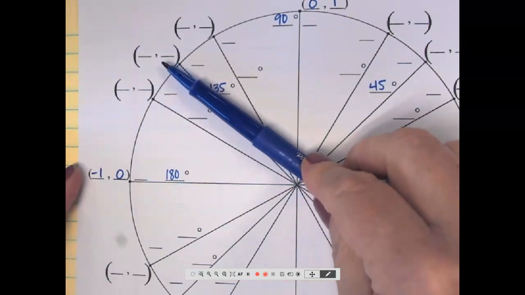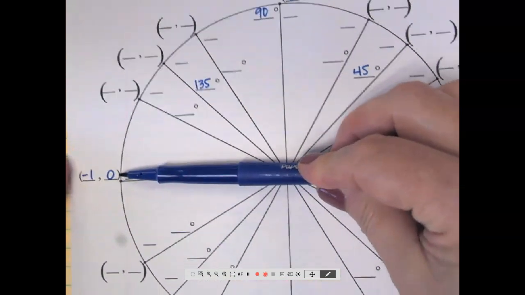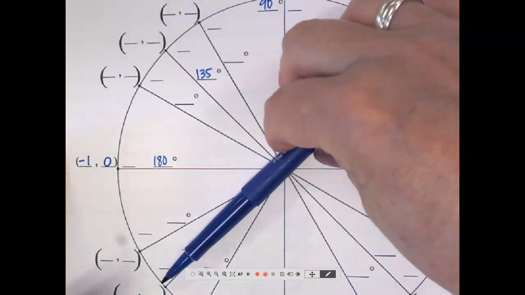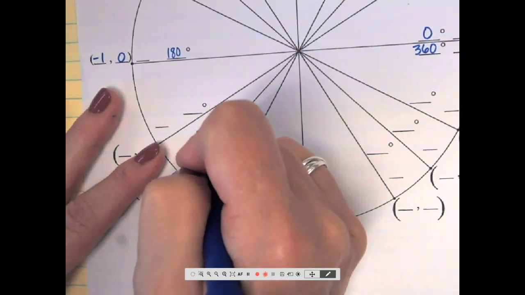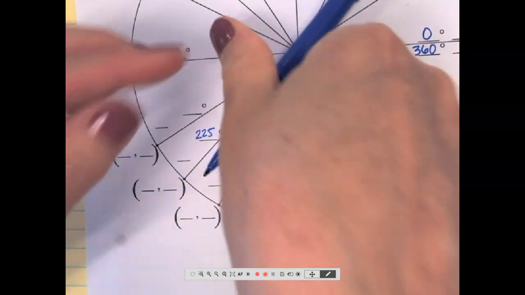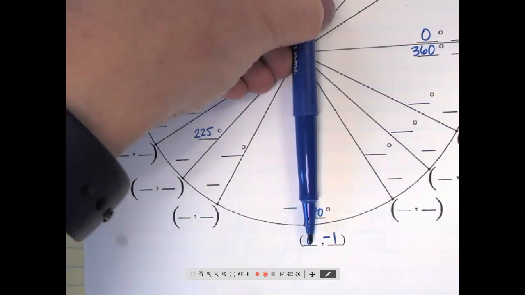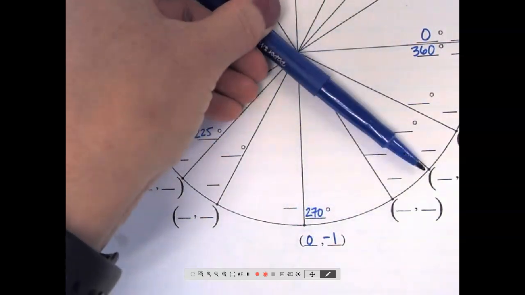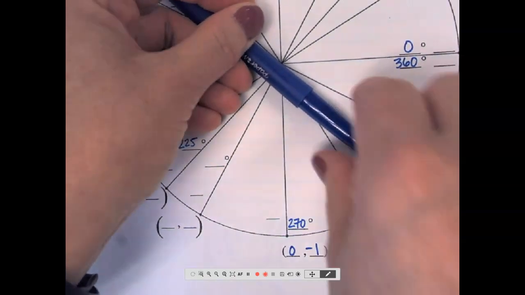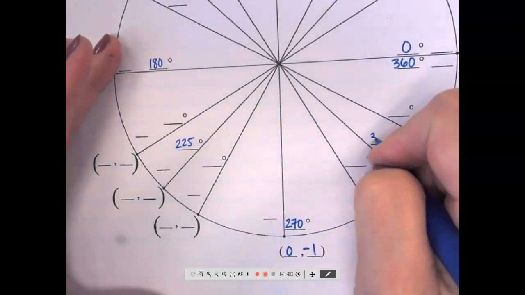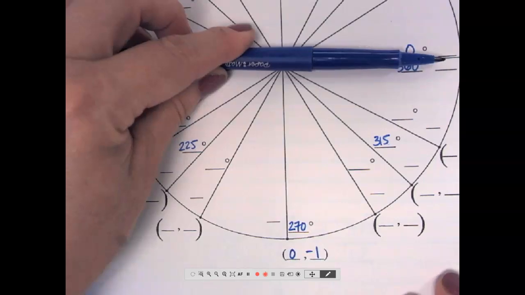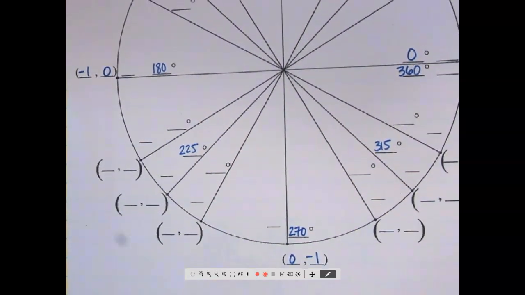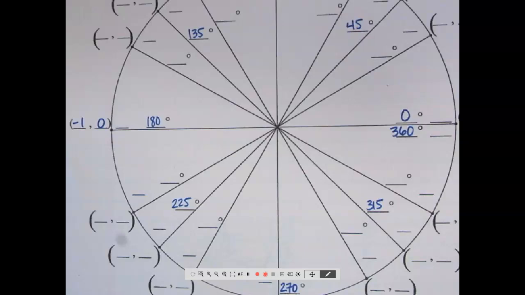Plus 45 more puts me at 180. What if I add 45 more? 225. If I add 45, that puts me at 270. Add 45 again, 315. Make sure you're putting that one in the middle. And then plus 45 puts me at 360. So we filled in all the increments of 45.